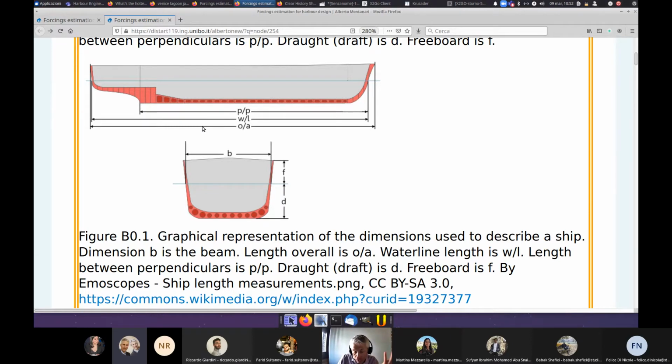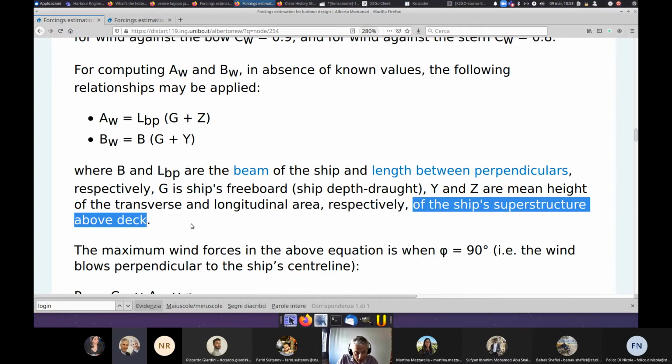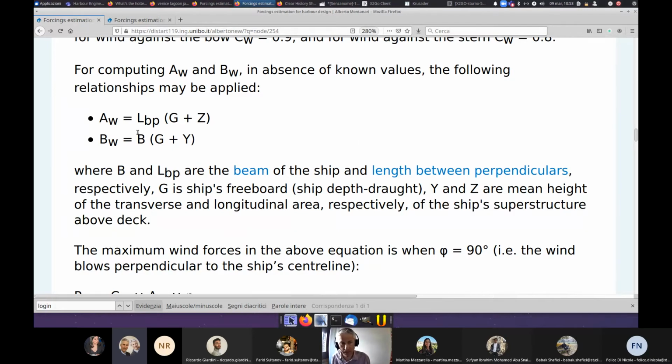And therefore you understand the physical basis of the two relationships that I proposed to you here. So here with different symbols, I'm sorry for that, but G is the freeboard and Z and Y are these representative dimensions of the ship superstructure above deck. So you can understand the physical basis of this indication. And I use different symbols because I took these notes from two different sources. And in particular, this one is taken from the Ports Designer Handbook.